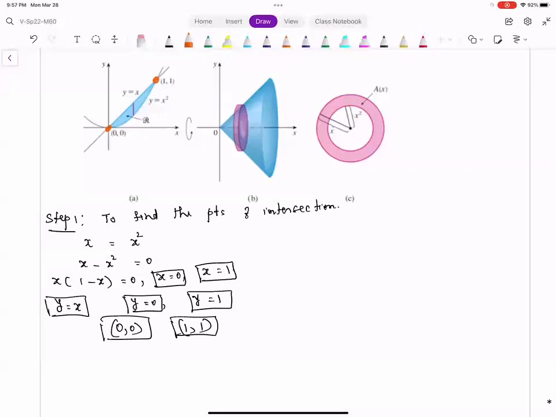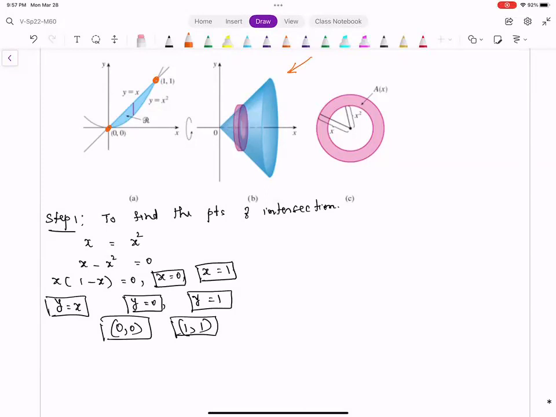The difference between the problem that we did earlier and this particular problem is that when you rotate this about the x-axis, you notice that there is a gap. If you get the figure like this, you definitely see there is a gap between the region and the line about which the region is rotated, in this case the x-axis.